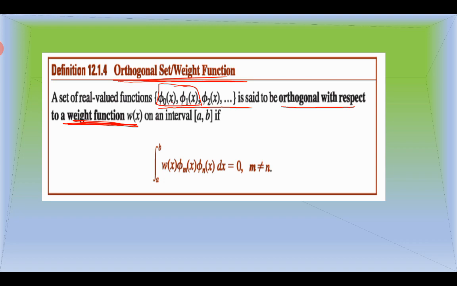When you multiply two functions and take the integration from a to b with respect to the weight function, so multiply the weight function along with this product and then integrate, if still the answer is 0, we call this orthogonal with respect to the weight function. Otherwise not. If it is non-zero, then it's not orthogonal. In the previous chapter the definition was just an orthogonal set. Now it is an orthogonal set with respect to another function called a weight function. Most of the time the weight function will be 1, unless otherwise specified. In the previous case, if you take the weight function w of x as 1, you fall in this previous category.